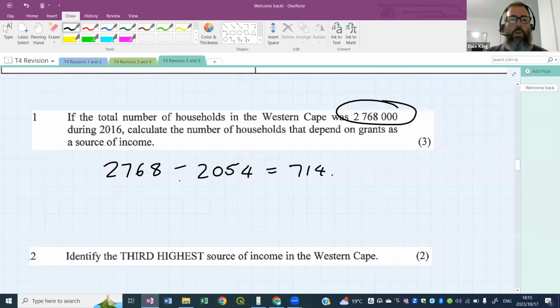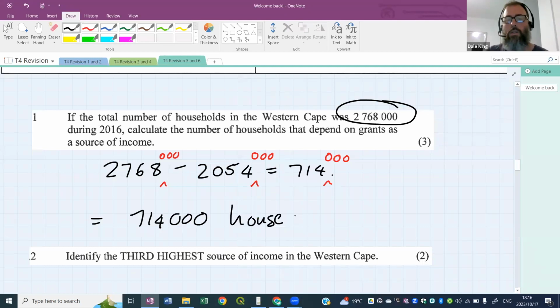Now, we are working here without the zeros. Just remember that we should have 3 zeros in there, hey? All right, we should have written 3 zeros in there. So in actual fact, it's 2,768,000 minus 2,054,000, which equals 714,000. So your answer should be 714,000 households. Hope you all understand that.